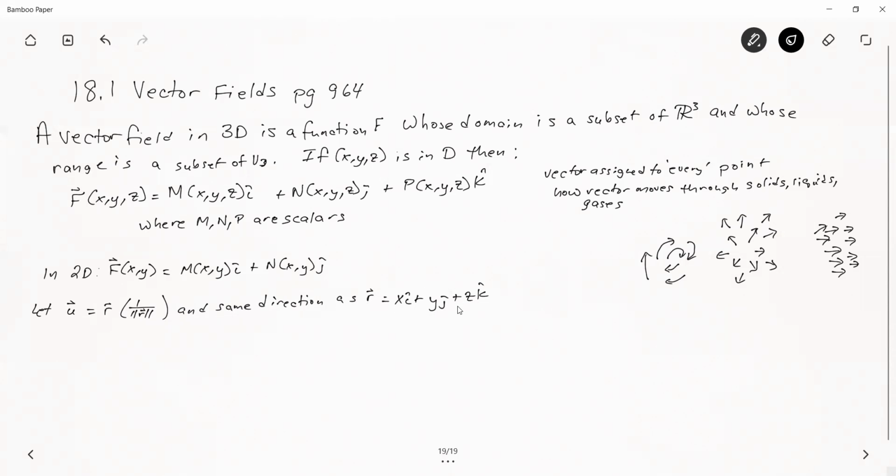Okay, this would obviously be in 3 dimensions. 2 dimensions would just be x i hat plus y j hat. Again, this is your position vector.